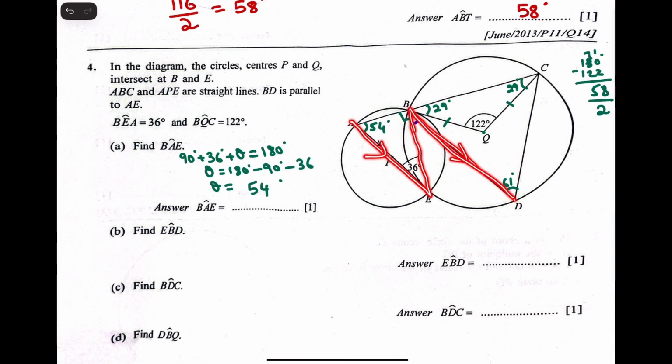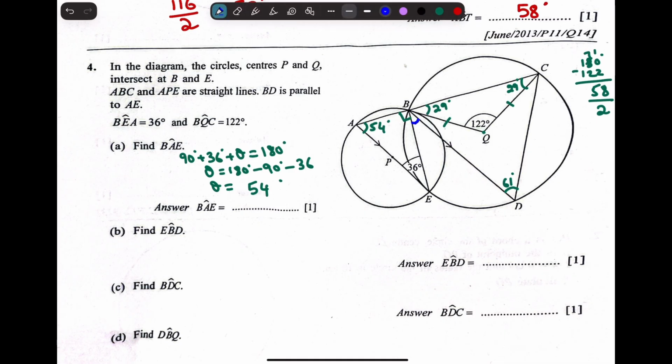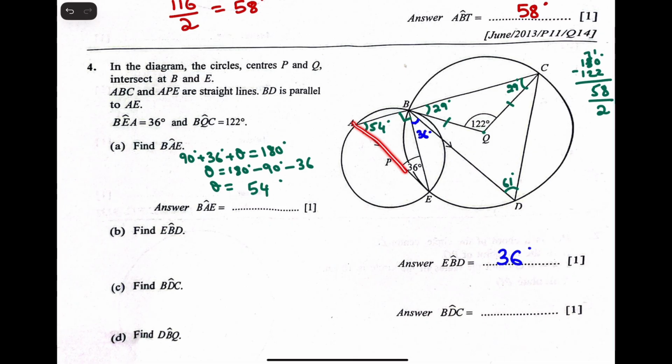Can you see what angle is being made here? These are Z angles or alternate angles, right? So this angle is going to be equal to this angle because AE is parallel to BD. So this is going to be 36 degrees as well because these are alternate angles.